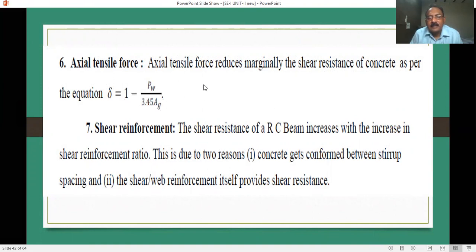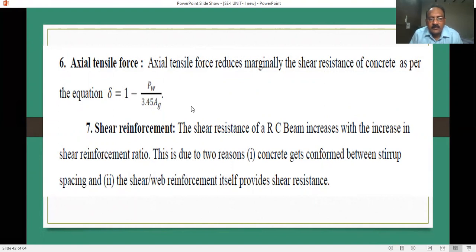This axial tensile force reduces, marginally, that is nominally, the shear resistance of concrete as per this equation. Okay, this is a standard one. Of course, this is not in your JNTU syllabus, but you should know what the shear resistance factors are.